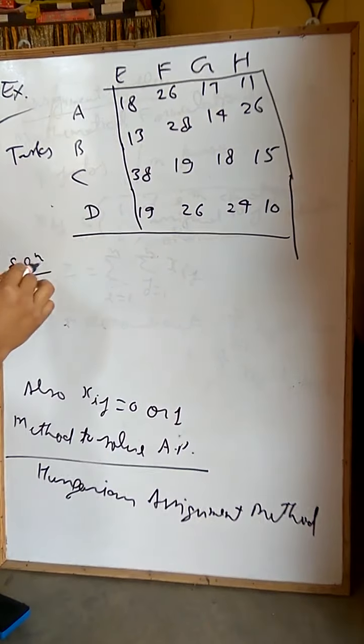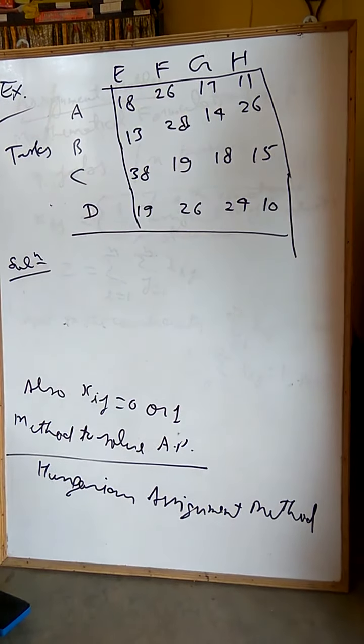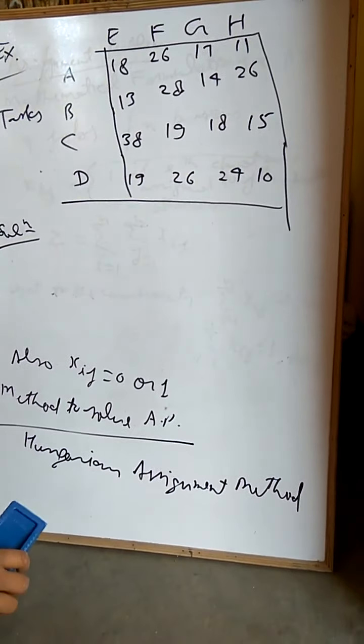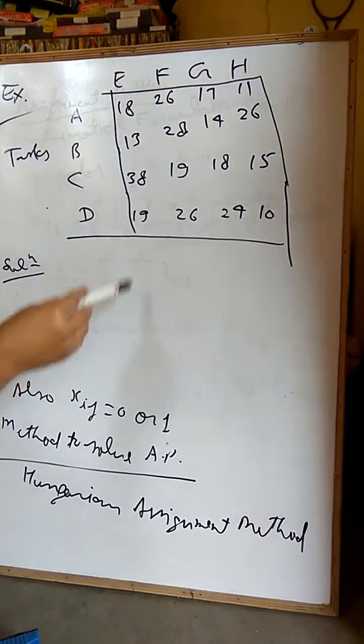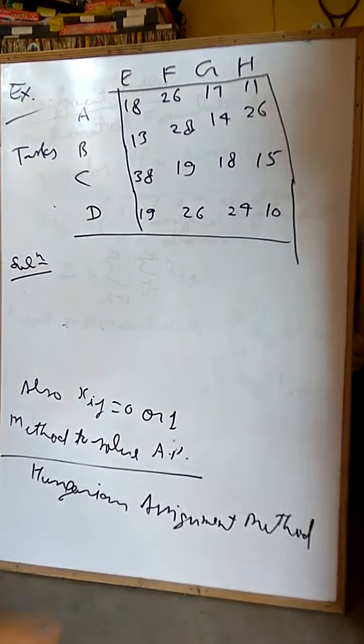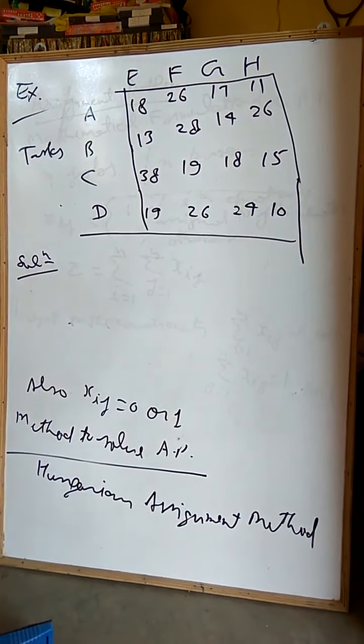Its solution is, as Hungarian method says, that the number of columns should be equal to the number of rows. Here we have 4 rows and 4 columns, so the problem is balanced.